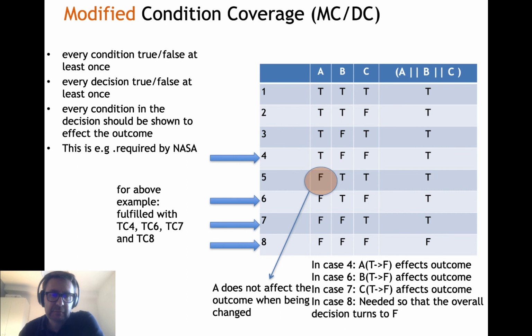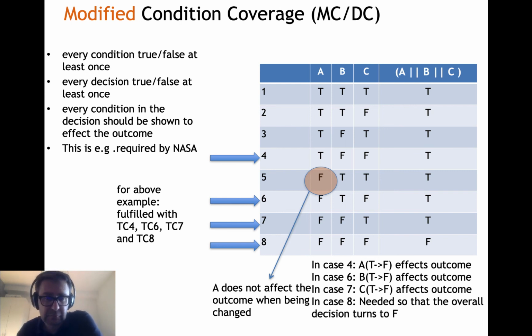Then we first select 4. Then we see that A is true, and it means that the root decision is going to be true. But B and C are false, so they don't affect the root here. So we have to now find another one. So we take number 6, and there we cover the false for A also, which is good.